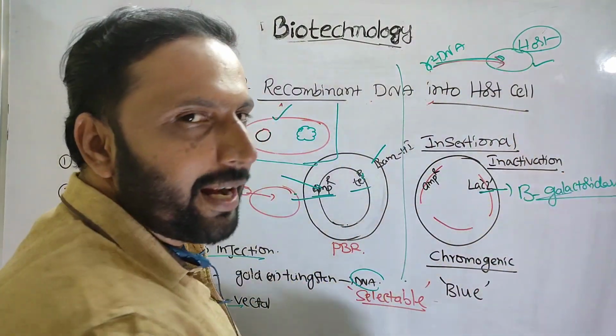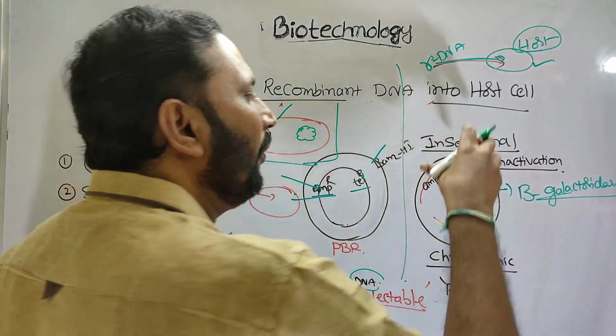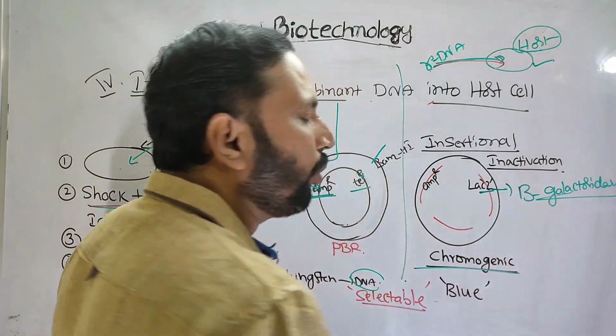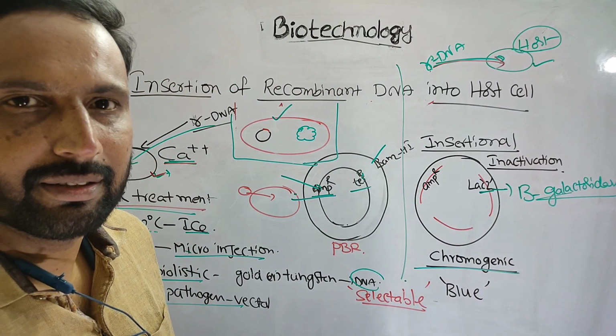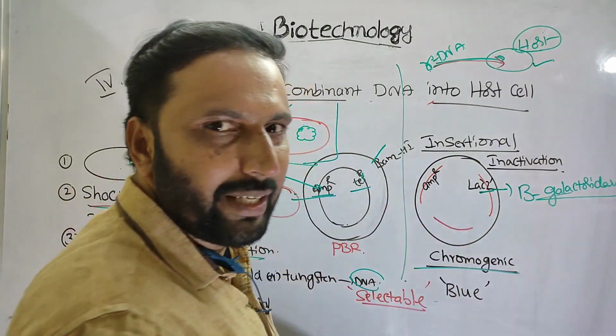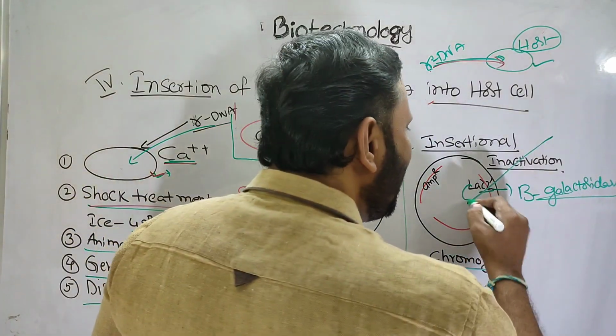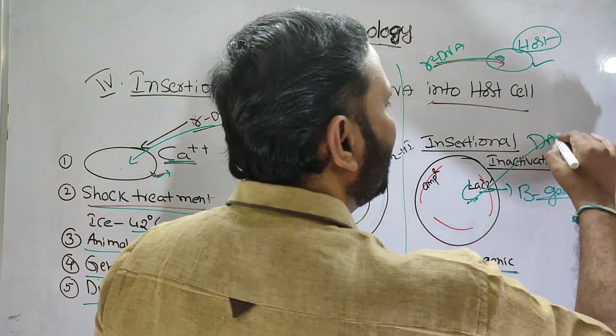If there is beta galactosidase enzyme, when these bacterial cells are treated with a chromogenic substance, it turns blue in color. Suppose the lacZ gene is disturbed by the foreign DNA.